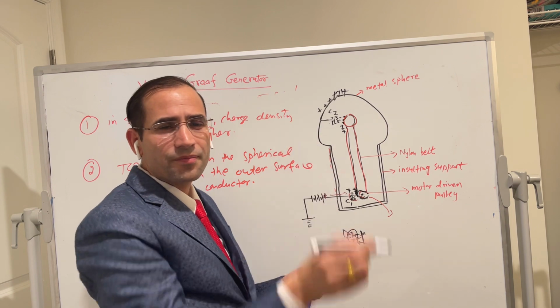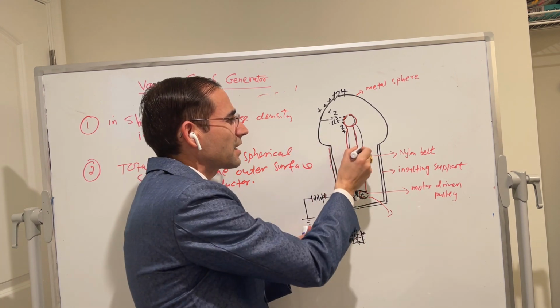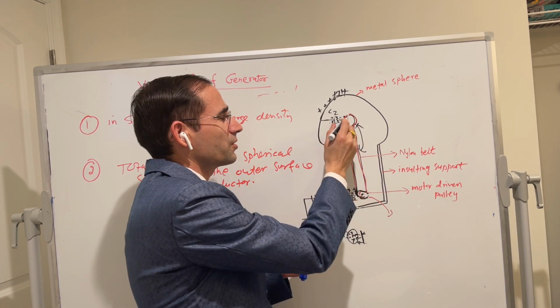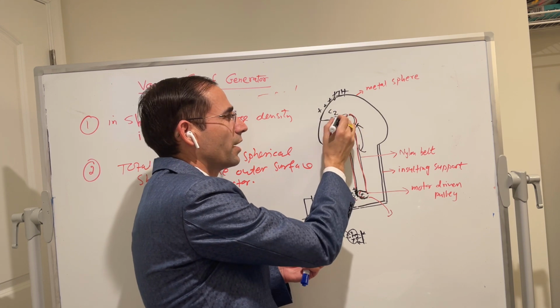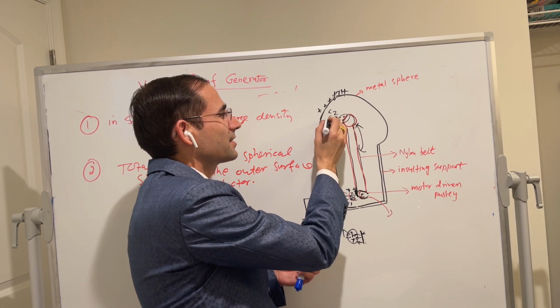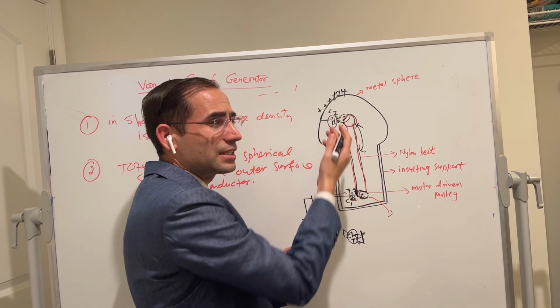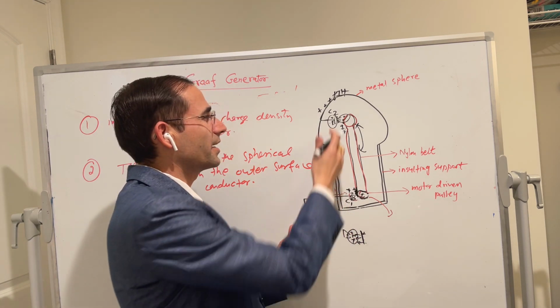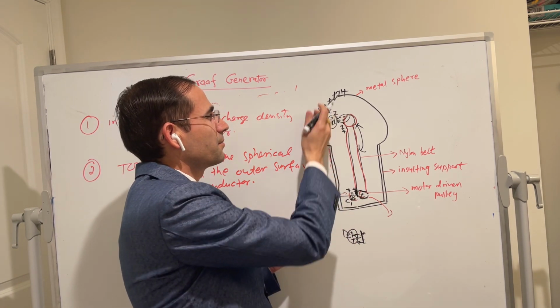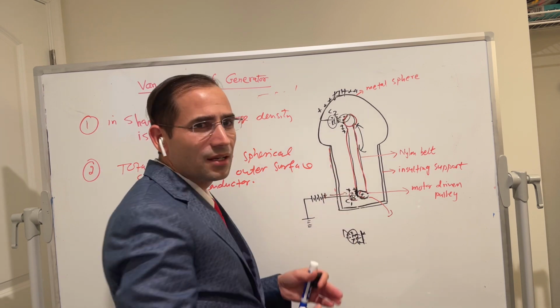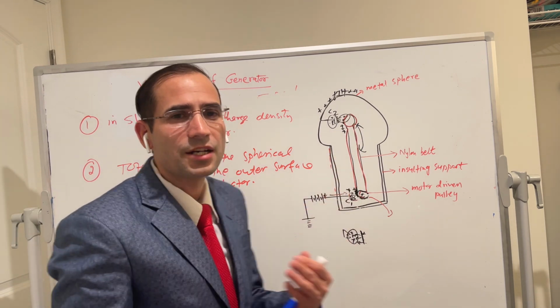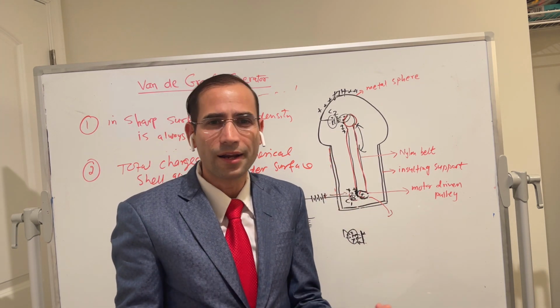Each turn, this part of the belt remains neutral. No charge, because the charge neutralizes at this point, and the free charge, positive in my case, starts to accumulate on the surface, and the process continues on and on.